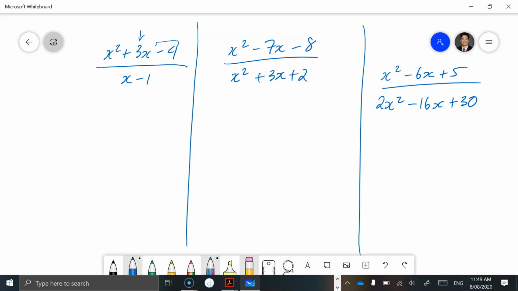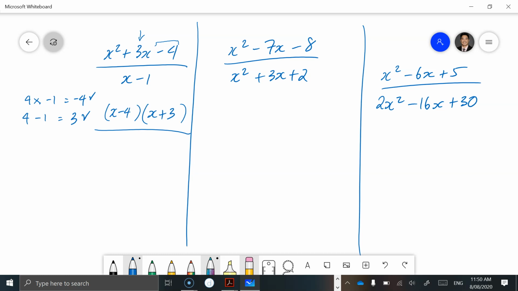Okay, so we will have a positive 4 times a negative 1 is equal to minus 4, and 4 minus 1 is equal to 3. So it fits both of those descriptions. So our quick reference is then going to be x minus 1, x plus 4 as your factorized form on the top.